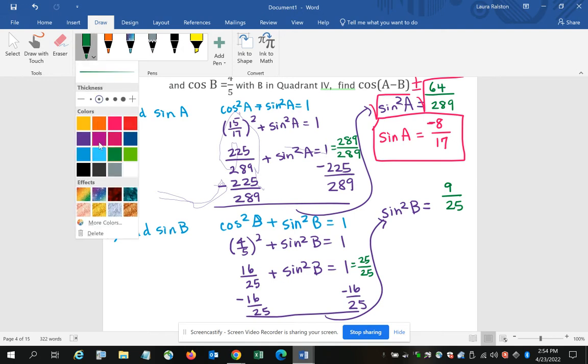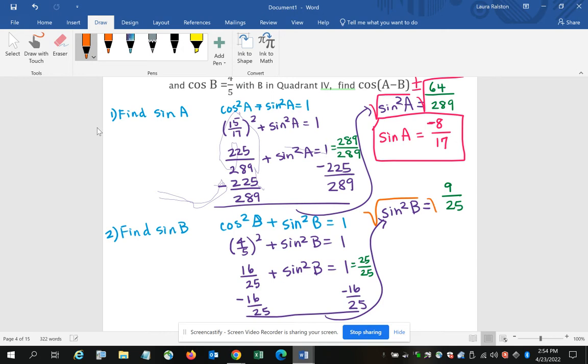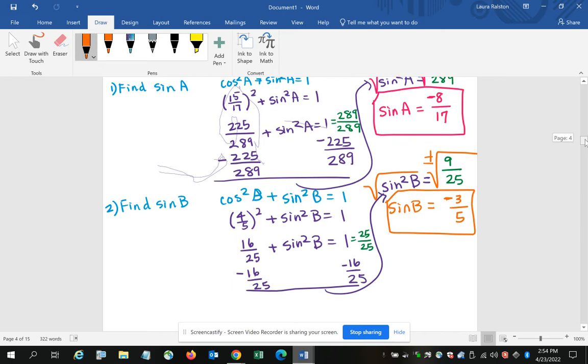Then we're going to square root both sides, remembering it could be positive or negative. So sine of B equals square root of 9 is 3. Square root of 25 is 5. Again, B is in quadrant 4, and we already decided in quadrant 4 that the sine, or the y value, is negative. So now I have all of my pieces.